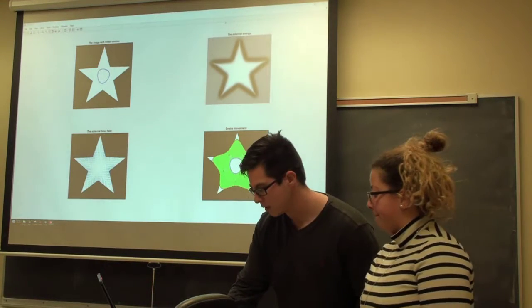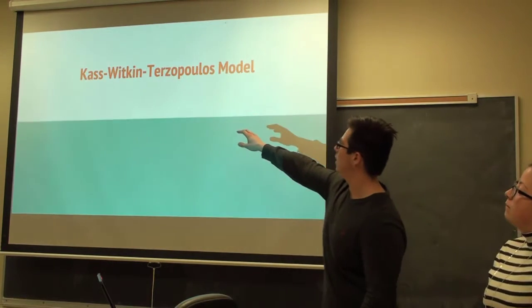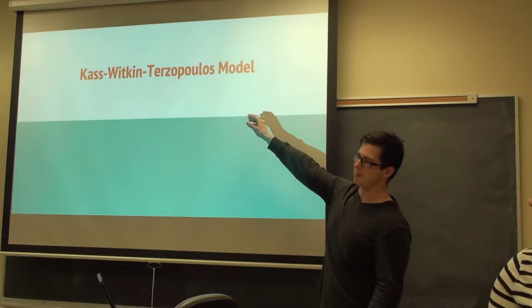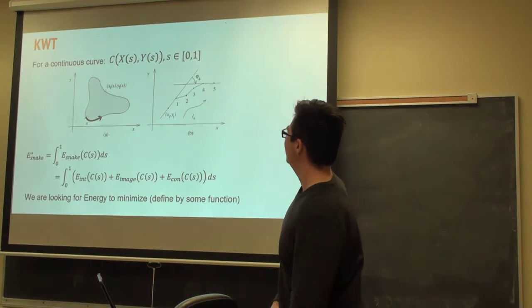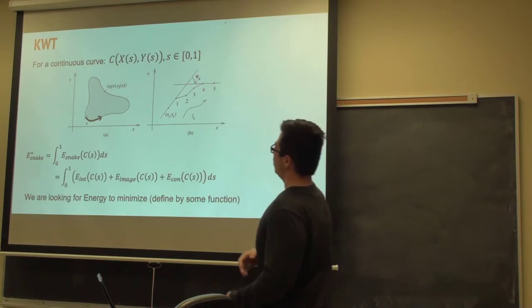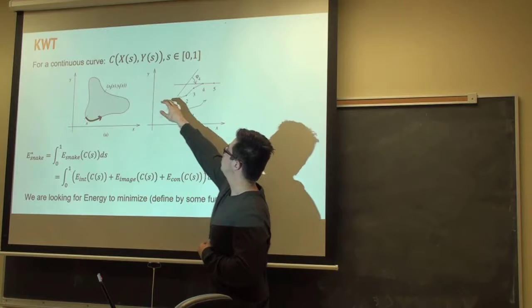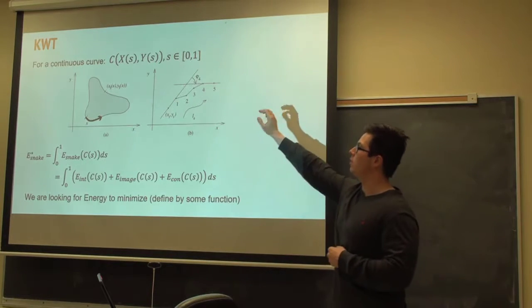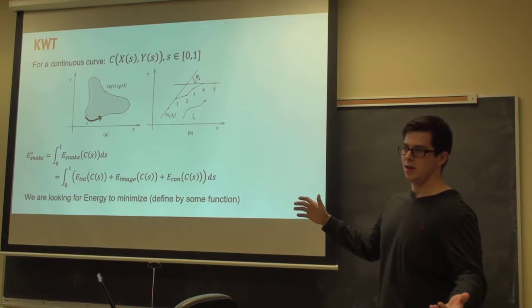How do you start this? Right, it's called the Kass, Witkin, Terzopoulos model. We have a curve equation represented up here. It's between 0 and 1. The reason it's between 0 and 1 is because you can represent any domain or range in 0 and 1.